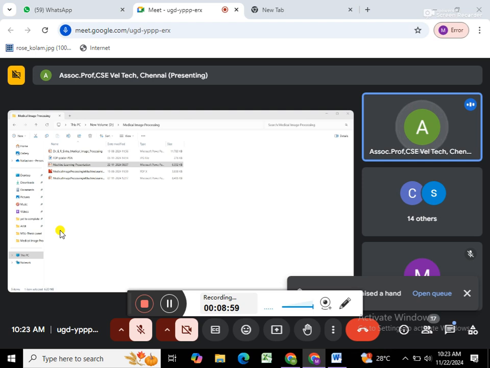It's now visible, madam. Sir, only the 4 icons can be visible. But you have to click that, then only the PPT can be visible, sir. Is it now visible or not? No, sir.